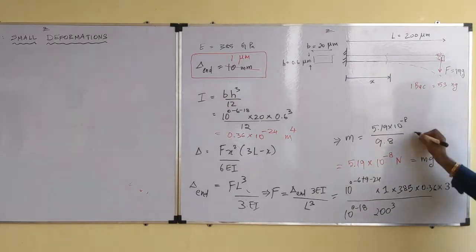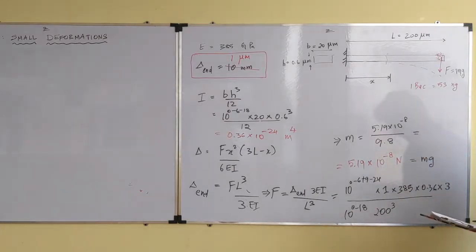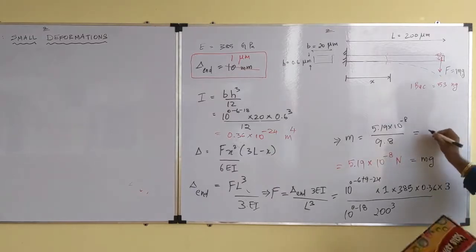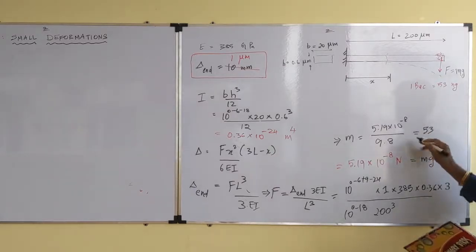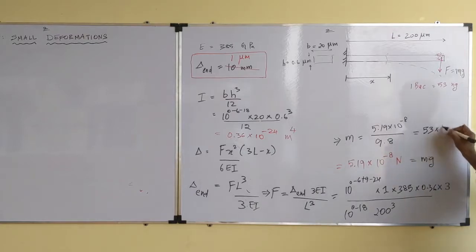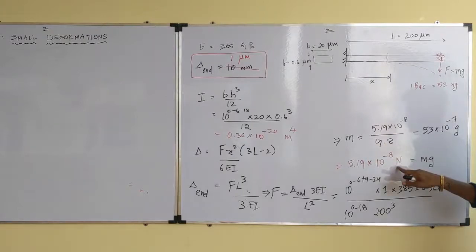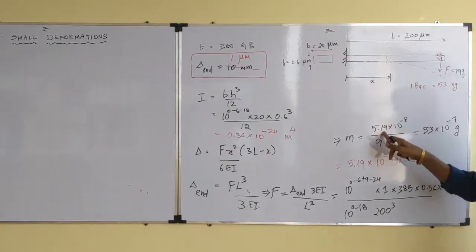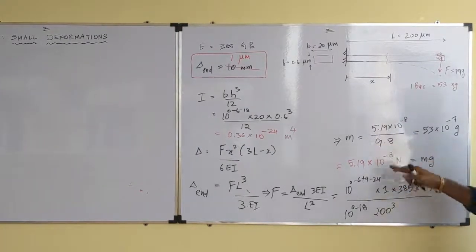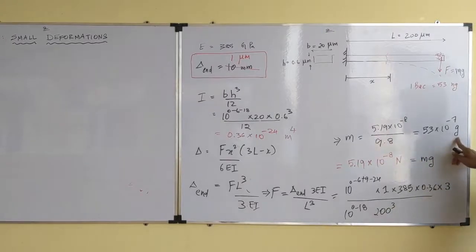If you calculate this, it turns out to be approximately 53 times 10 power minus 7 grams. This is in newtons, so it is kilograms meter per second squared. Convert that into grams and you get 53 times 10 power minus 7.